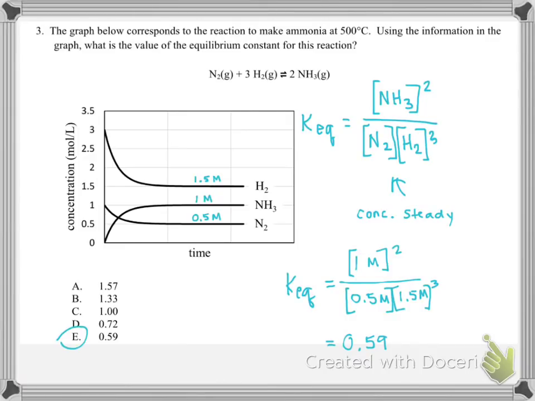Okay, so let's see, is this products or reactants favored? And so we know that when KEQ is less than 1, that's going to be reactants favored, because reactants are our denominator. Okay, so make sure you're comfortable writing these KEQ expressions and then plugging into them to get the KEQ values.